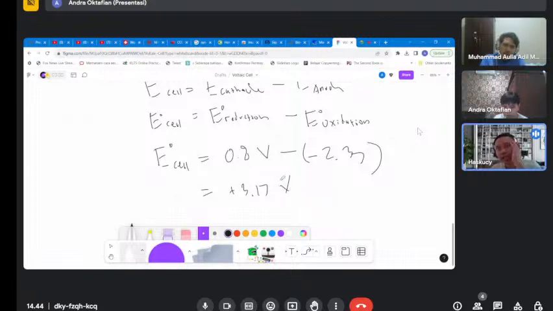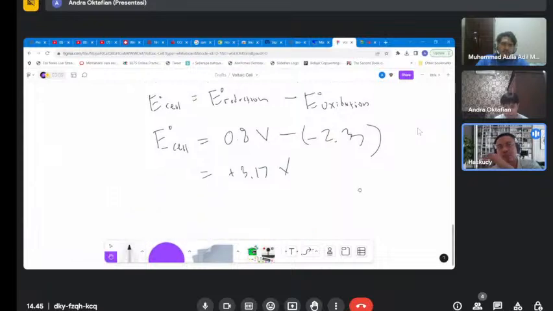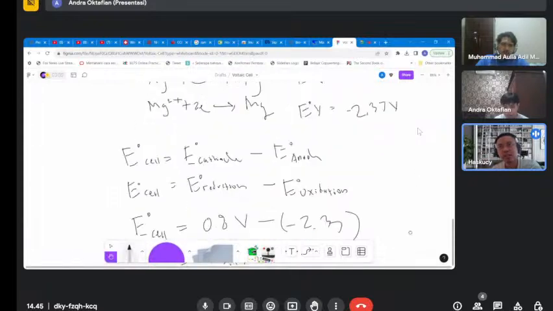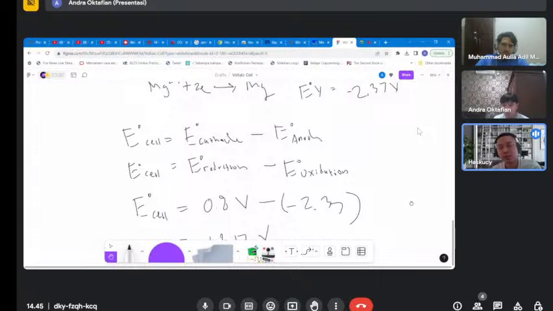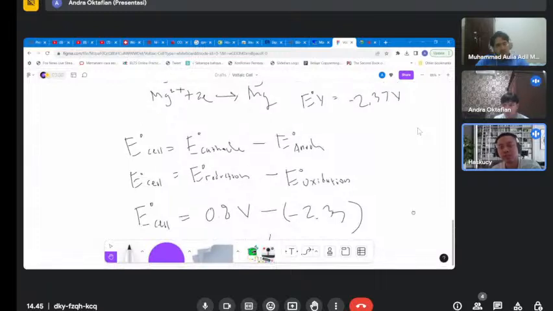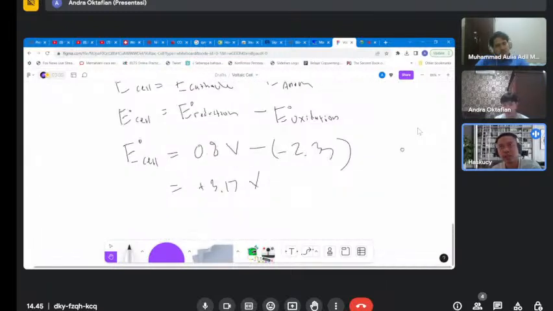Yeah, because if you're talking about voltage, it means the potential difference between the higher and the lower. It's like looking at the elevation between the positive one and the negative one. Let's say you have a waterfall, with a higher elevation and a lower elevation.